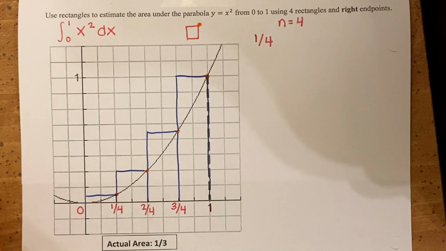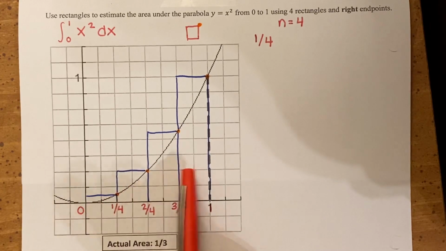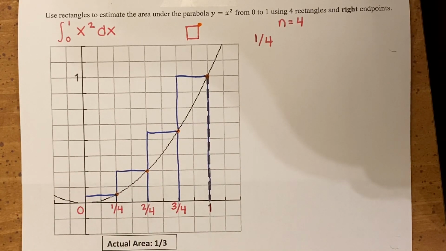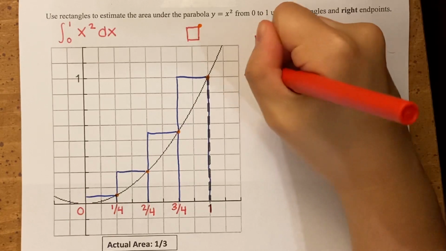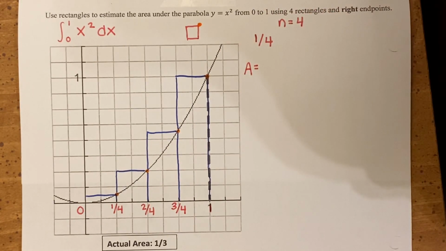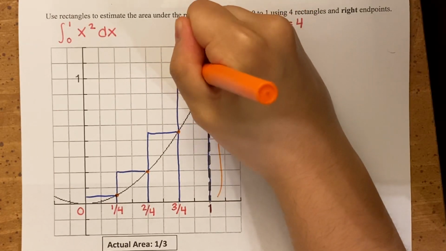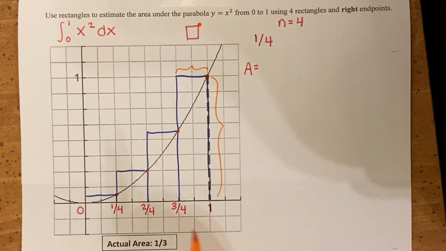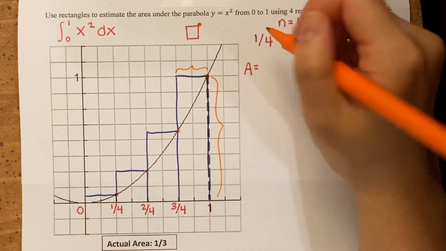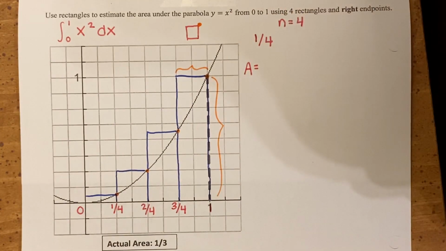So now how do I estimate the area under the curve using the rectangles that I drew? Area is equal to, when I find the area of a rectangle, I use its height and its width. Notice how the width of every rectangle that I drew is 1/4, and that's where this 1/4 comes into play too.